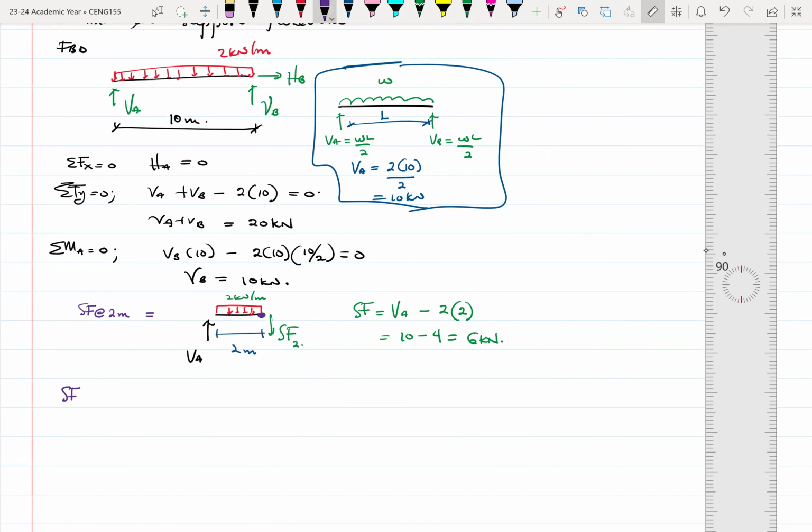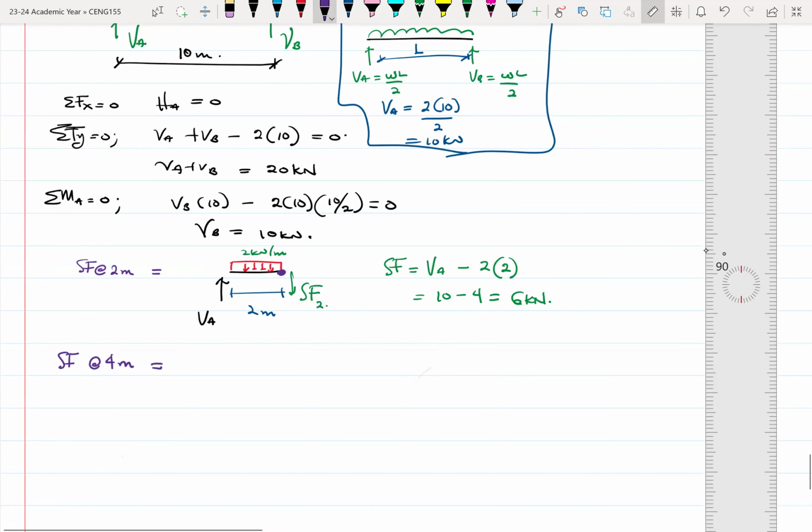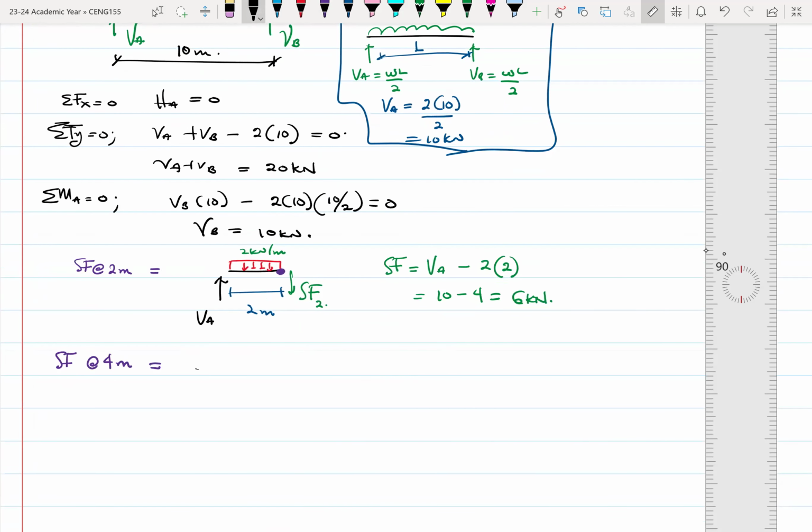Now the shear force at 4 meters. So let's do it at 4 meters. We'll see a pattern being developed. At 4 meters, we have again our VA, then we have the UDL, and this distance here is 4 meters.